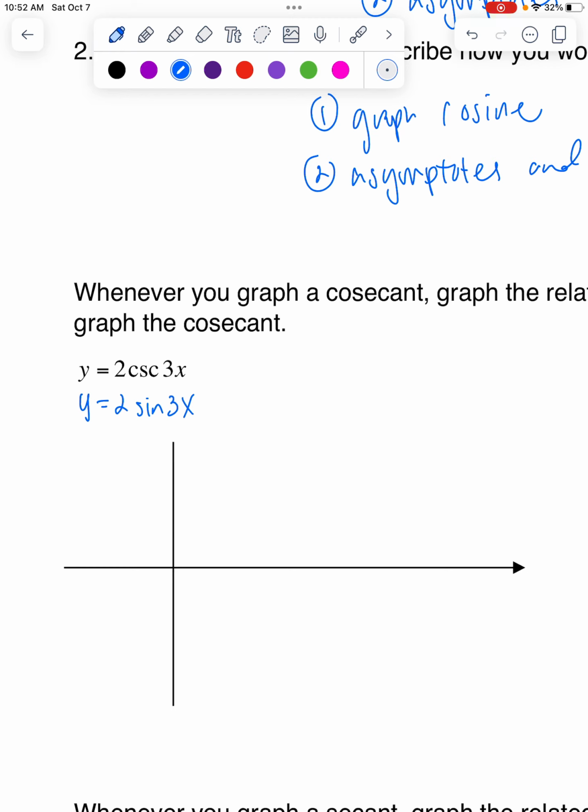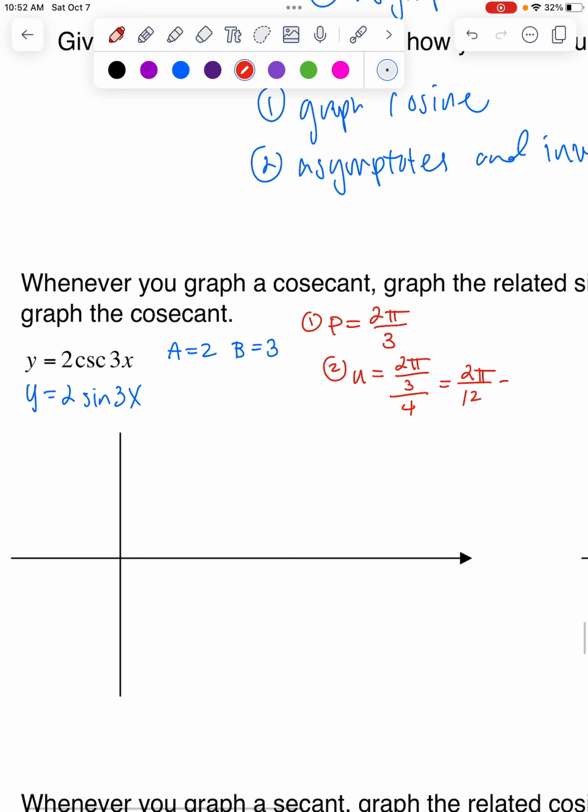It looks like we have an amplitude of 2, we have a b value of 3. That means we're going to undergo a period change, so p is equal to 2 pi divided by 3. Our units then change to 2 pi divided by 3 divided by 4. This becomes 2 pi divided by 12, which gives us pi over 6.